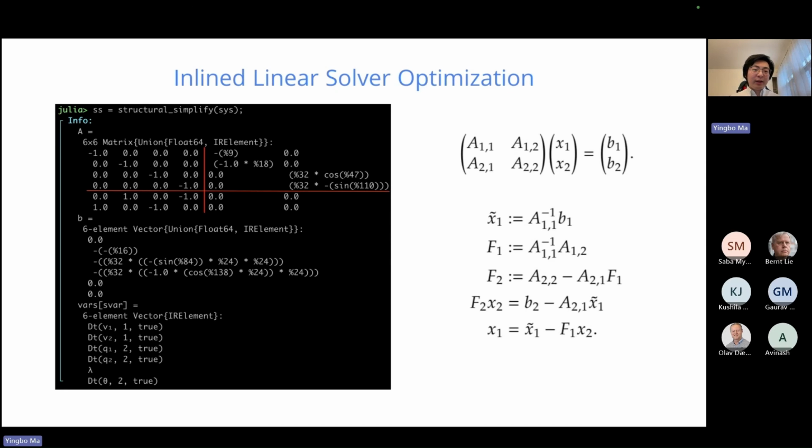So for each strongly connected component, we analyze if all these unknown variables appear linearly in all these equations in the same strongly connected component. And if they do, then we simply apply the Tearing algorithm in the linear system of equations instead of nonlinear systems of equations.